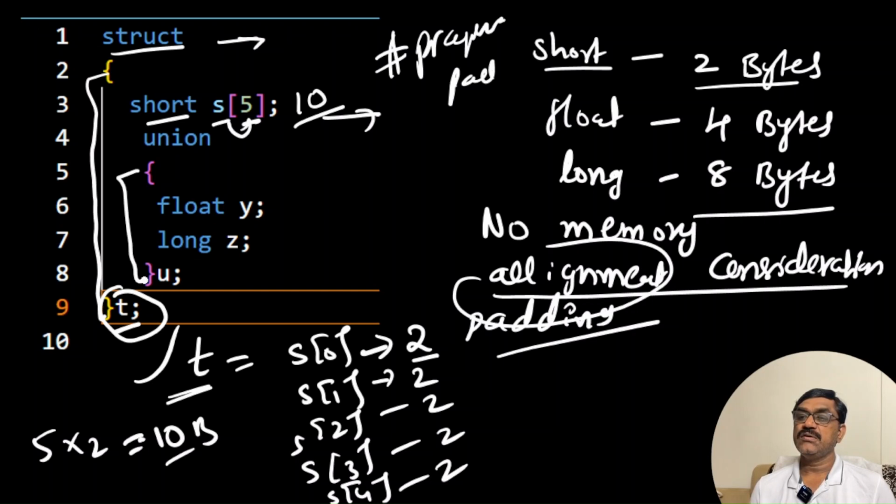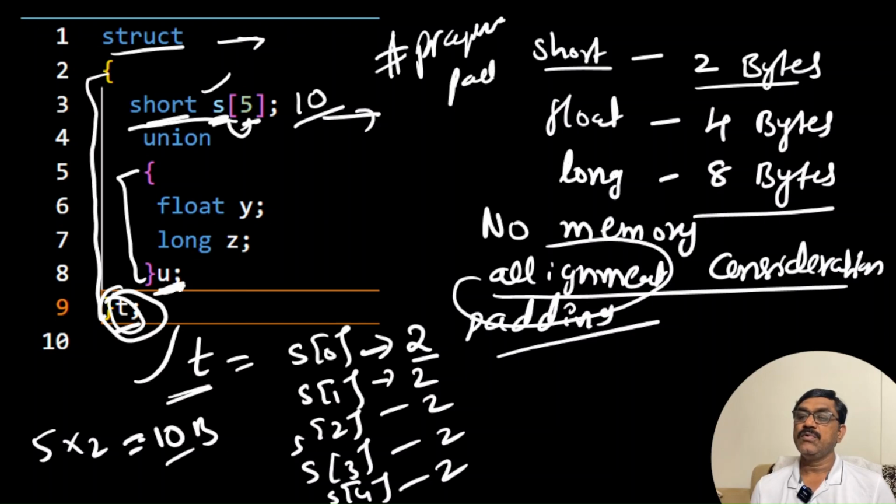Now within the structure, we have created a union variable called u. The amount of memory allocated for the t we are calculating. First, we calculated the amount of memory allocated for the variable s. How much? 10 bytes. After that, next we are taking the union variable u.